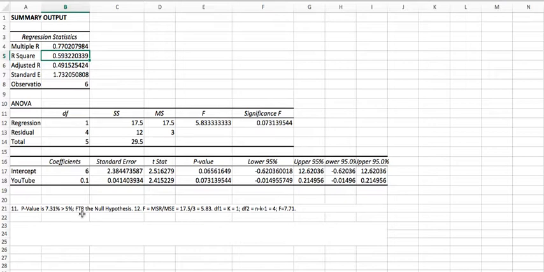When we fail to reject the null hypothesis, we're saying there's no slope, there is no relationship, statistically speaking. Therefore, the equation, sales equals 6 plus 0.1 times YouTube viewers, is not good to use to forecast sales.